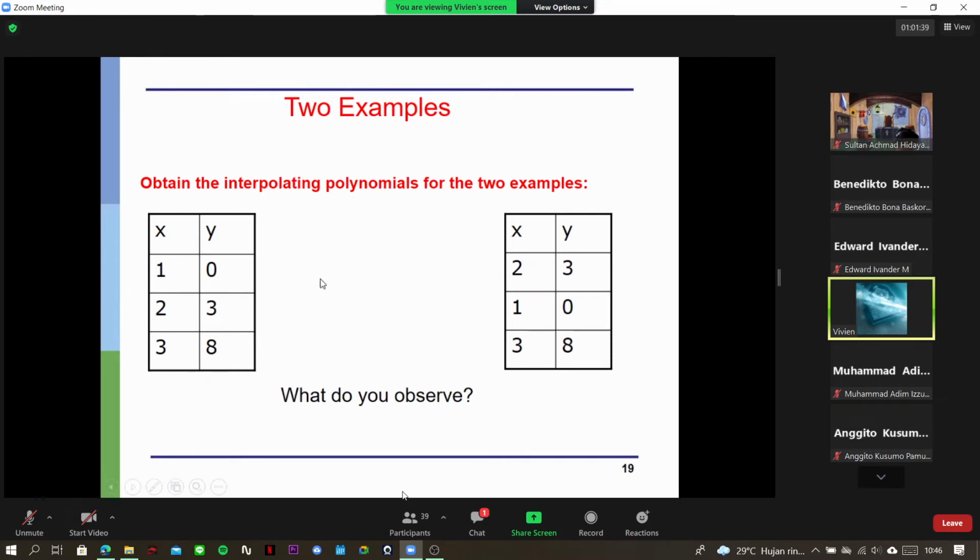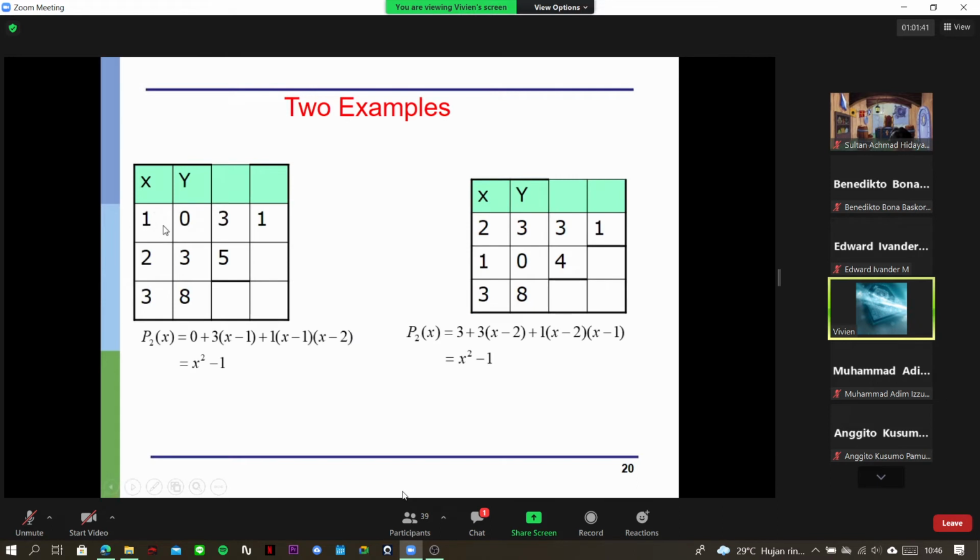Say we have different order, the values of the divided differences, B0, B1, and B2, will be different. But when we insert the value, because it will be x minus x0, x minus x1, when we do the calculation later, it will be exactly the same.